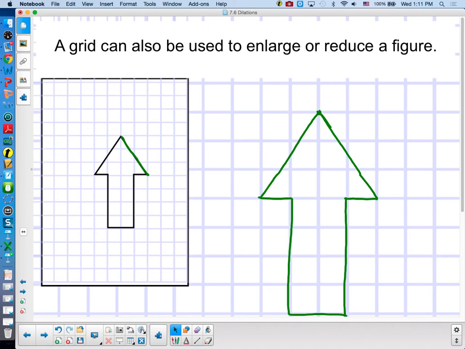Okay, then the complete assignment is that dilation worksheet that you just got. And out of the book to go with that, 368.